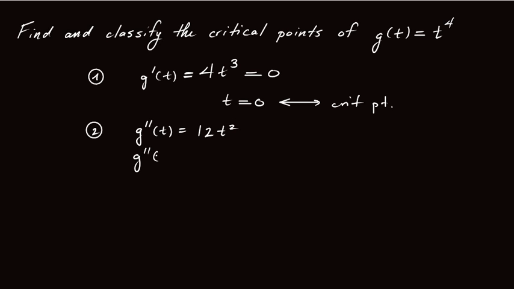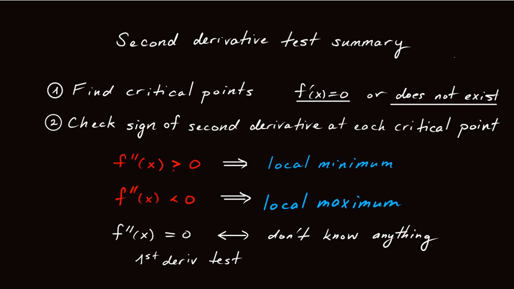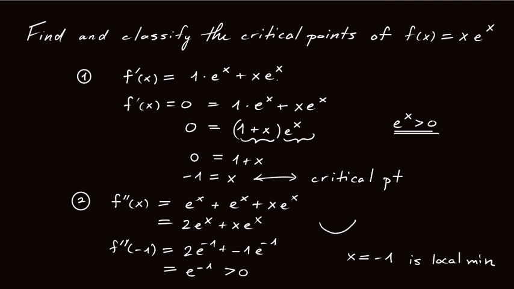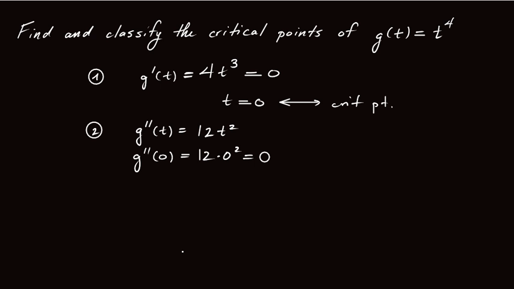I plug in 0 for t, 12 times 0 squared, and that's equal to 0. But that doesn't tell me anything, because remember, in the second derivative test, if the second derivative is 0, you can't say anything. So what do we have to do? In this case, we'll have to apply the first derivative test.